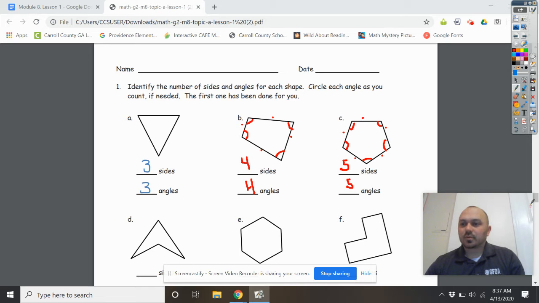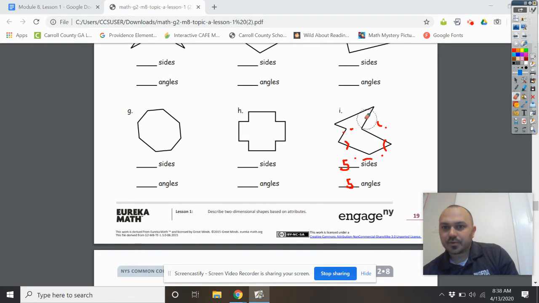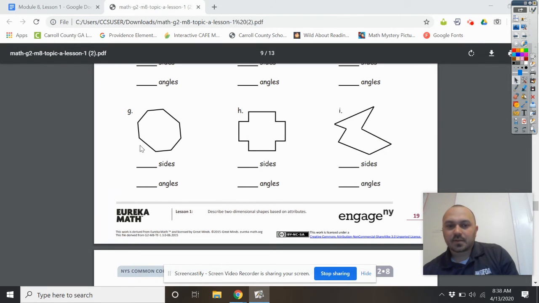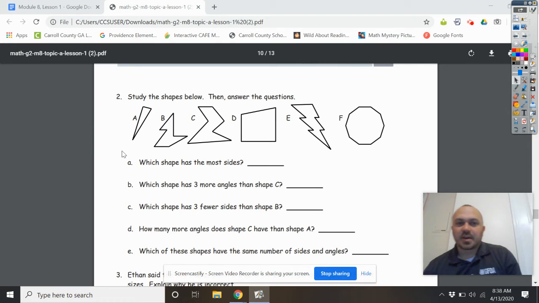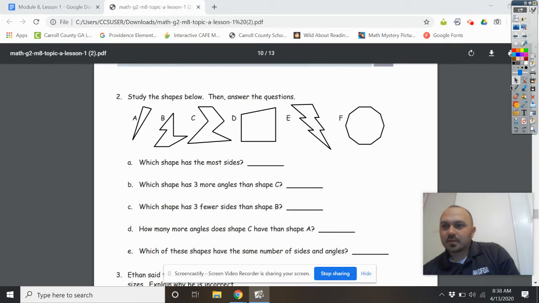Let's scroll down. So let me erase all this real quick. And let's look at number 2. Study the shapes below, then answer the questions. So we're going to do A and B. So let's go back.